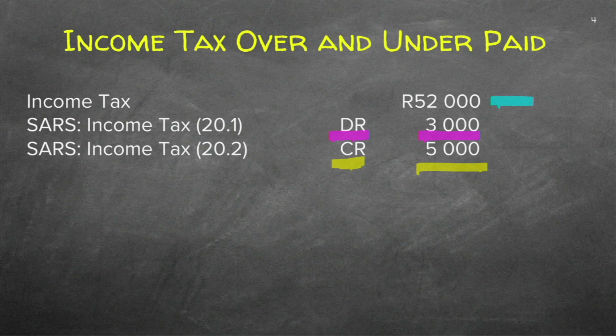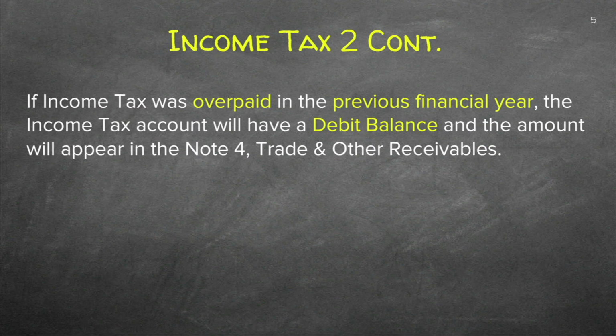Let's have a look and just confirm what we have been doing. If income tax was overpaid in the previous financial year, the income tax account will have a debit balance, and the amount will appear in note number 4, trade and other receivables.